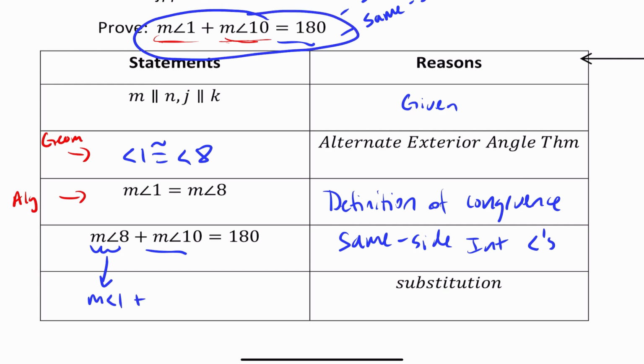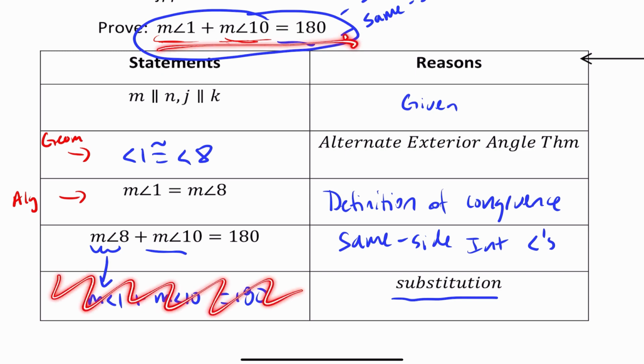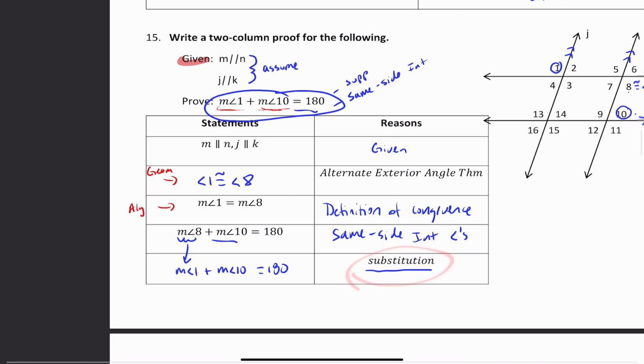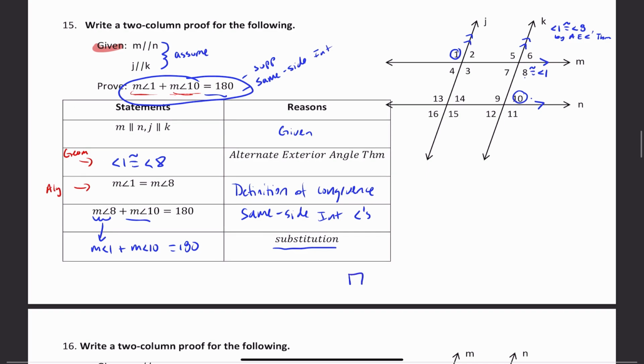So measure angle 1 plus measure angle 10 is equal to 180. All I did was replace just one thing: I replaced measure angle 8 with measure angle 1. The prove should always be this last box, and you're going to provide that reasoning right there. Okay, so now I'm already done with the proof.